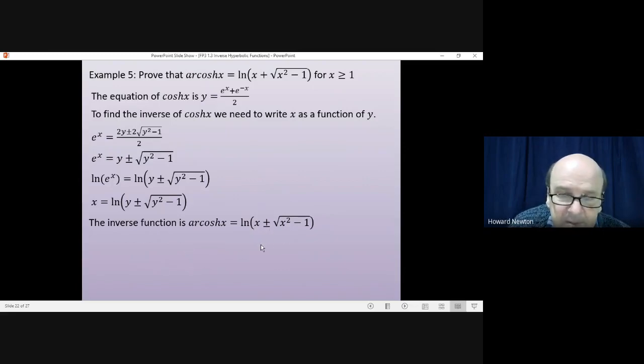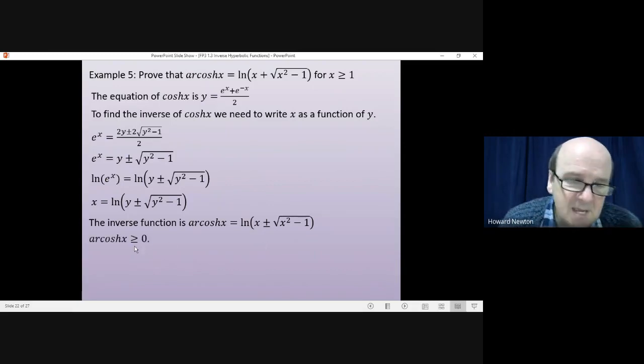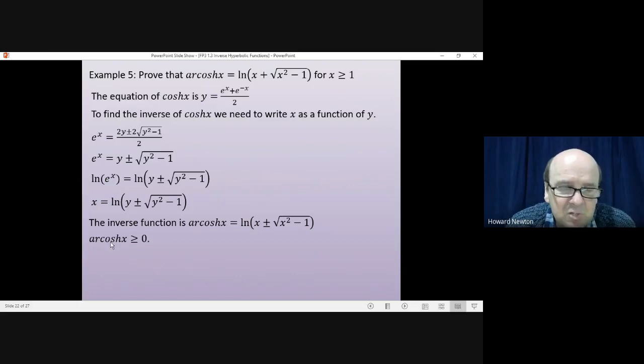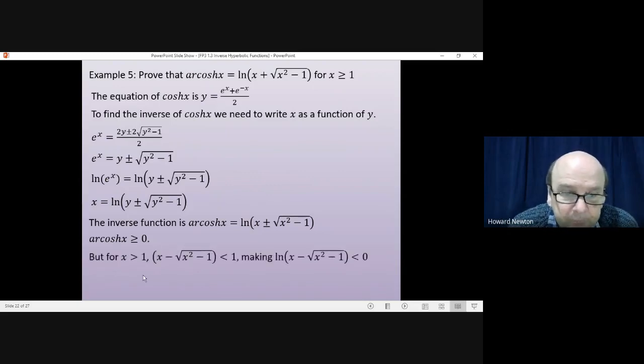But now we do need to think about the plus and the minus. If you remember the sketch of the inverse function, our cosh x, we had to limit the domain, and the consequence of that was that our arcosh was always greater than or equal to 0. But for x greater than 1, which is how it's defined in the domain, x minus the square root of x squared minus 1 will be less than 1, and the log of a number which is less than 1 but greater than 0 is itself negative.